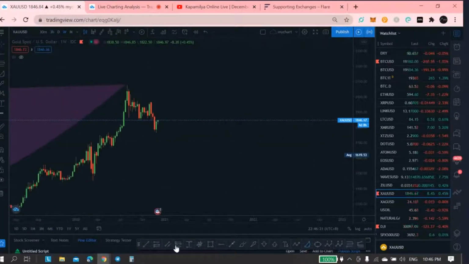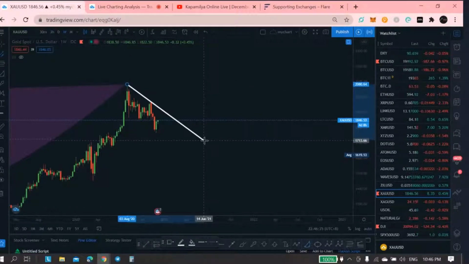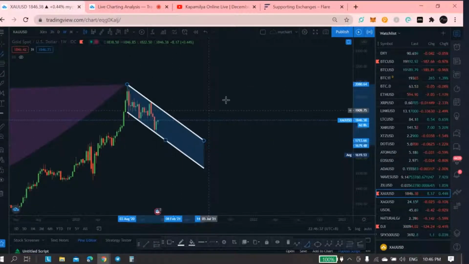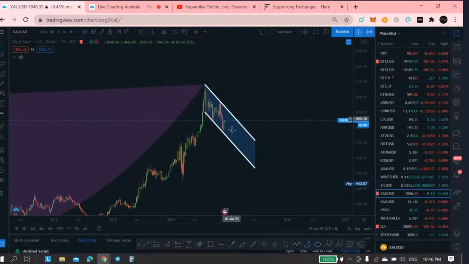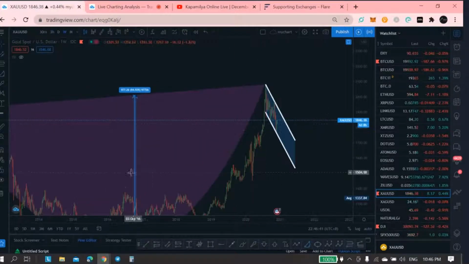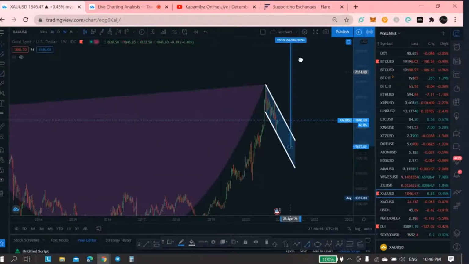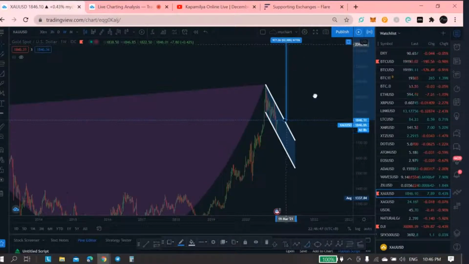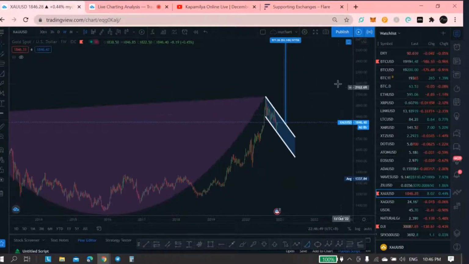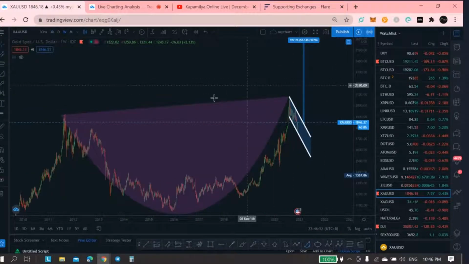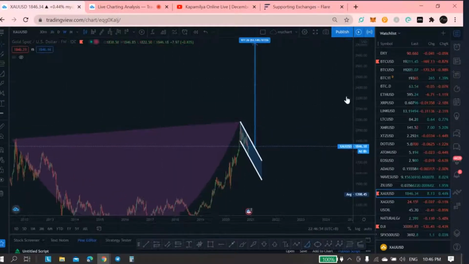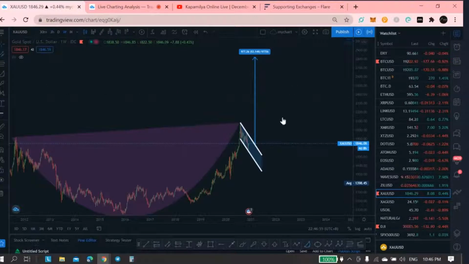So I just opened a long position a while ago, just a few hours before I stream. So that's the handle I'm looking at, and I'm waiting for that breakout at this handle. So for me, it's possibly forming a cup and handle, with a possible target here around 2,800.